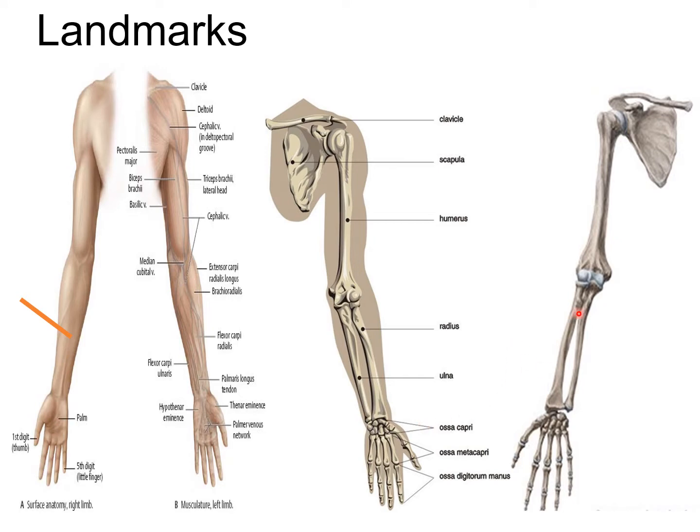The radius and the ulna meet each other at the radioulnar joints. So we have two radioulnar joints, the superior radioulnar and the inferior radioulnar joint. The middle radioulnar joint is formed by the interosseous membrane running between the two bones of the forearm.